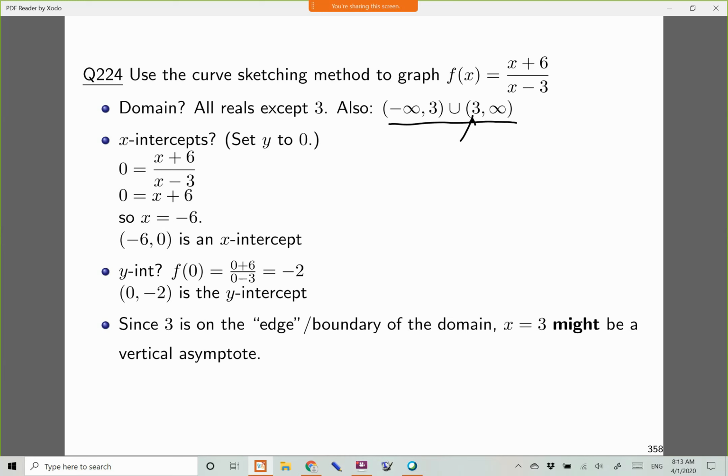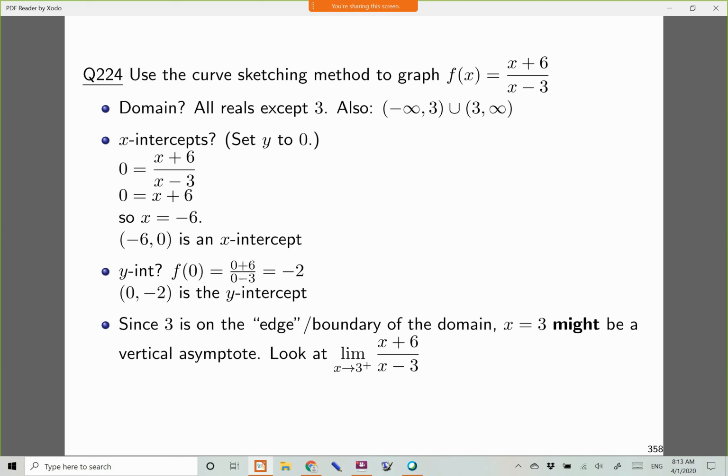You should not just automatically assume that because this x value makes the denominator 0, it's a vertical asymptote. We saw an example earlier in the semester, and we're going to see an example later in class today. But when you think you've got a vertical asymptote, you have to really check whether you do or not, because you might not.